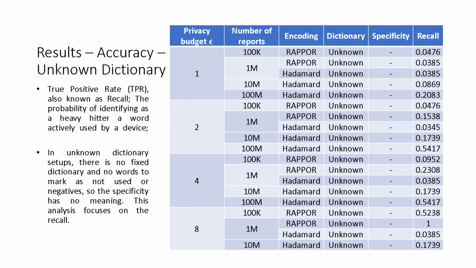We see that the recall grows when the number of reports grows, and it also grows when the available privacy budget grows. But it grows very slowly. You need over 10 million reports and a privacy budget of 4 to have some good results.